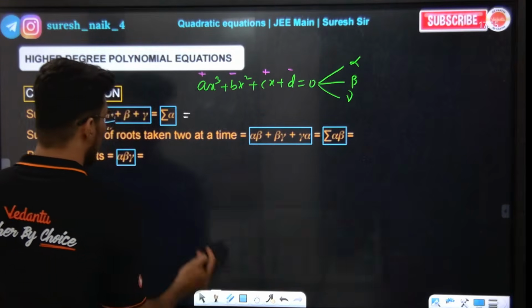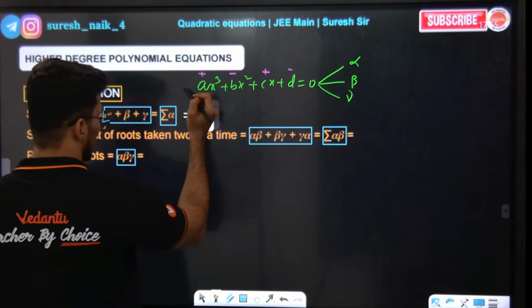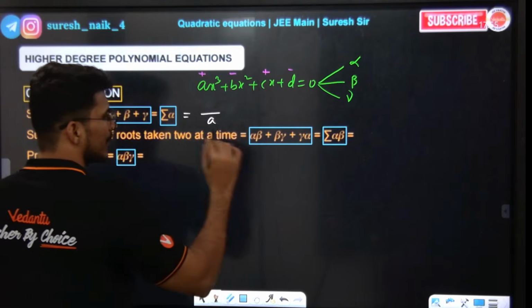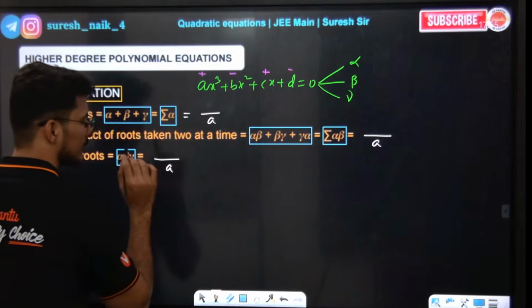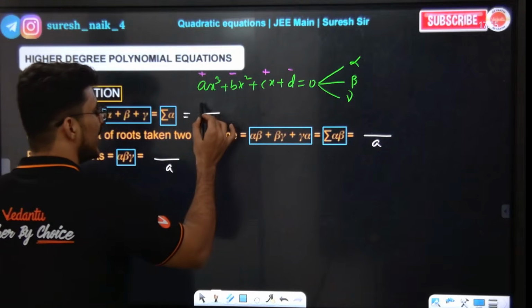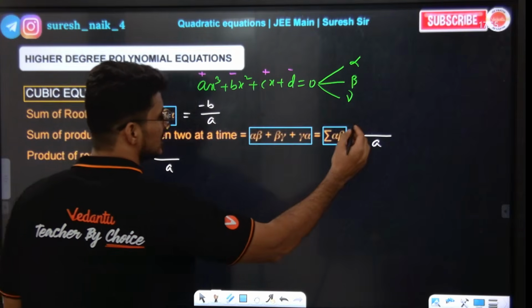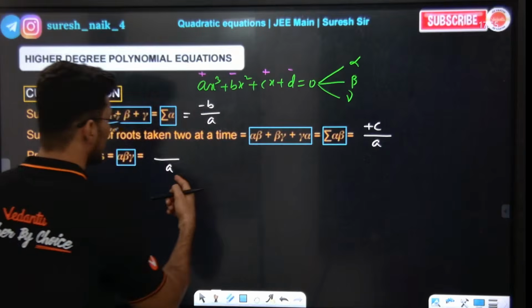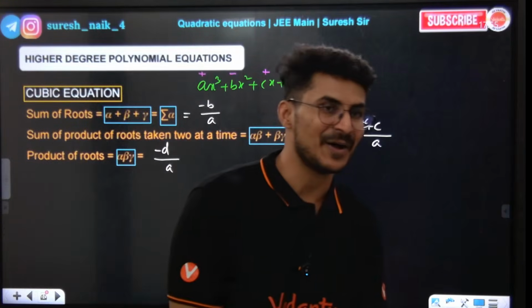Now look carefully: alpha plus beta plus gamma is minus b by a. Every formula has the common denominator a. The sum is minus b by a, the sum of the product of two roots at a time is plus c by a, and the product of the roots is minus d by a. Understood?